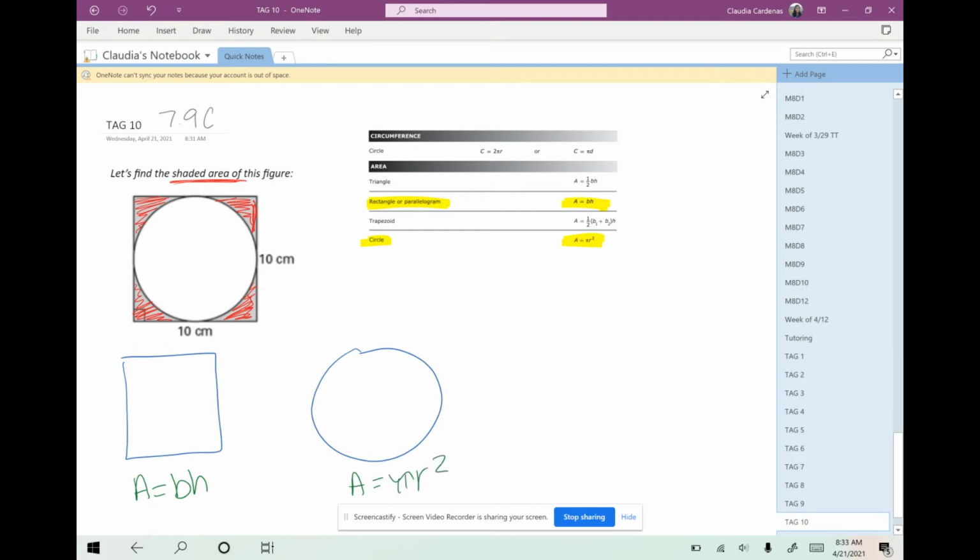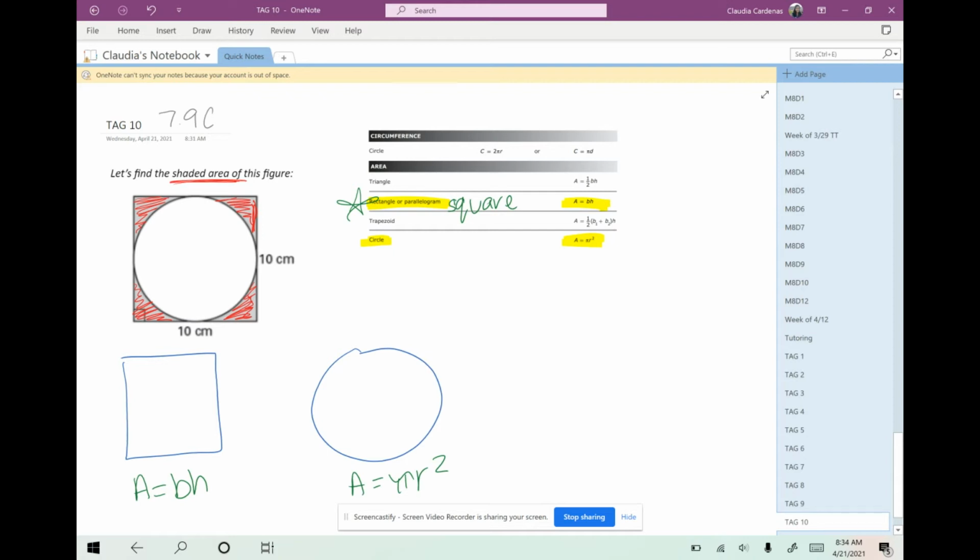And so now that we have found our formulas, we have a note to make that this is also the reminder of a square, just in case we forgot. But we also know that since the square is a type of rectangle, we can use our formula area equals base times height. So just in case you were confused on where I got that formula, please make note that a rectangle or a parallelogram also includes a square.